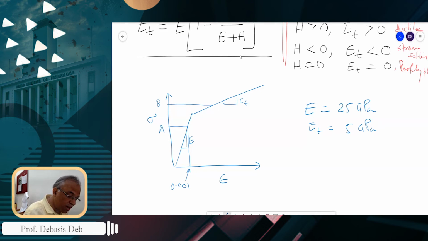This was the strain at point A. This is the yield point. Yield point strain is 0.0015 and at point B the strain is 0.004. The problem is clear.